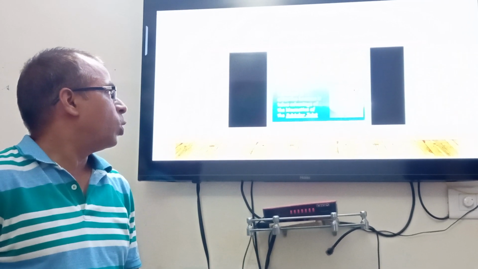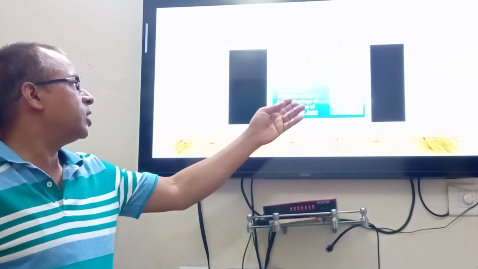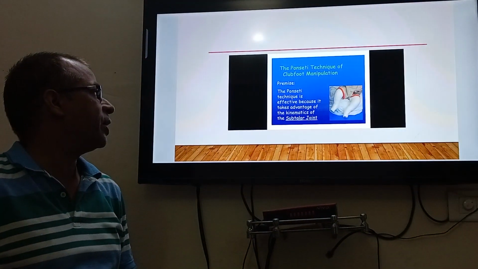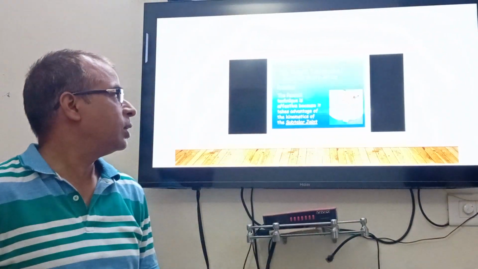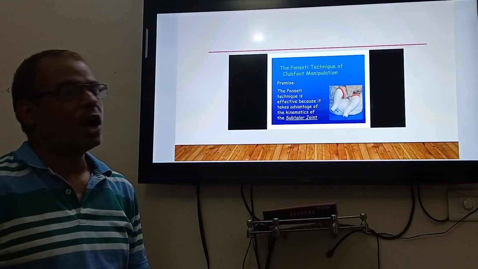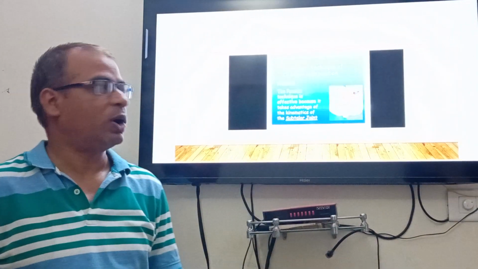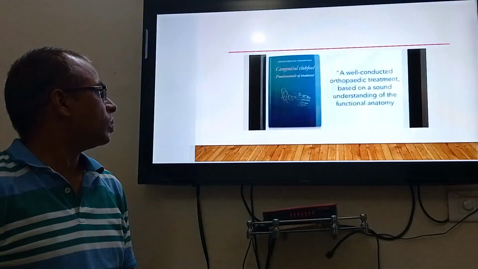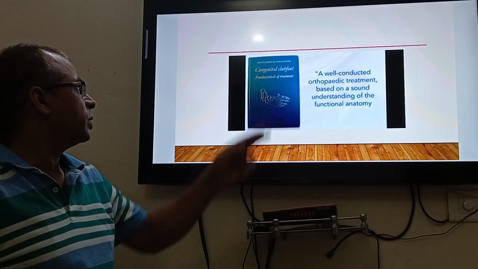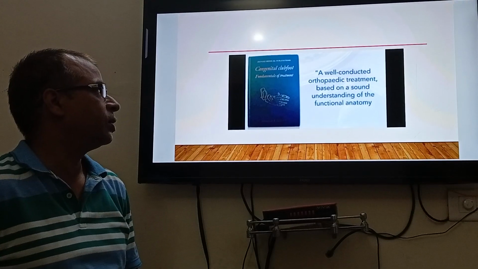The Ponseti technique of clubfoot manipulation is effective because it takes advantage of the kinematics of the subtalar joints. Dr. Ponseti wrote a book titled Congenital Clubfoot: Fundamentals of Treatment.